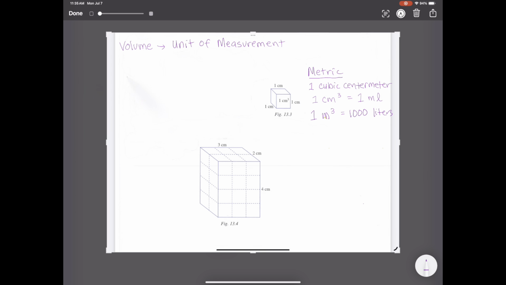In the English Standard System, we could use 1 cubic inch, 1 cubic foot, or 1 cubic yard for measurement. However, there is not an easy conversion from this measurement of distance to measurement of volume in the English Standard System.